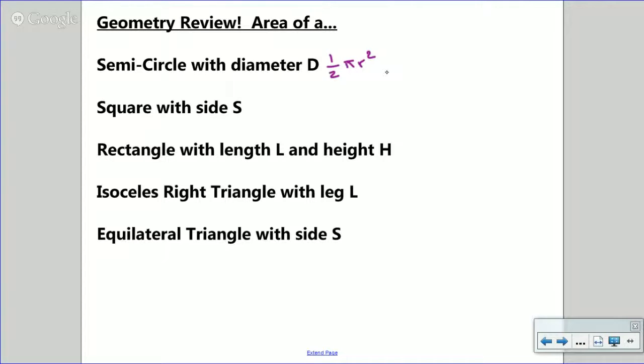All right, now how is diameter related to radius? Well, radius is half the diameter, right? So I can make the substitution for r as d over 2. So far, so good? All right, and that's really it. I just like to make this a little prettier so it's a little easier to memorize.